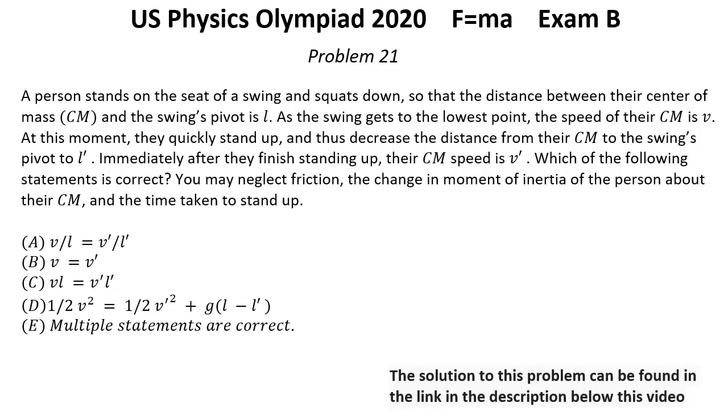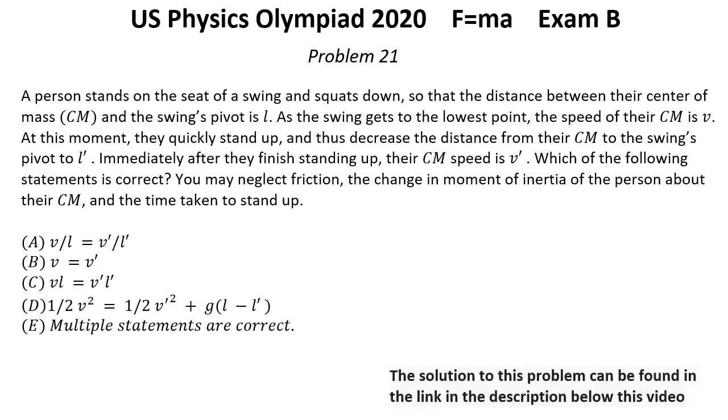At this moment they quickly stand up and thus decrease the distance from the center of mass to the swing's pivot to L prime. Immediately after they finish standing up, their center of mass speed is v prime. Which of the following statements is correct?